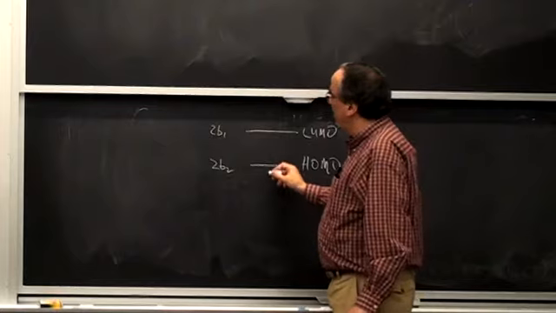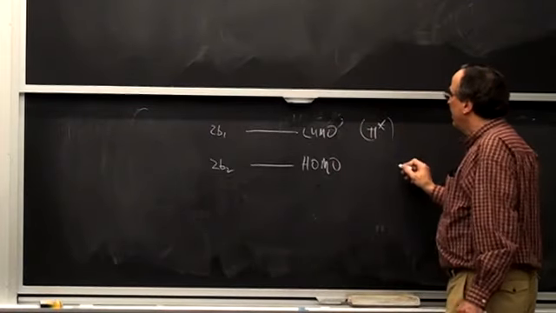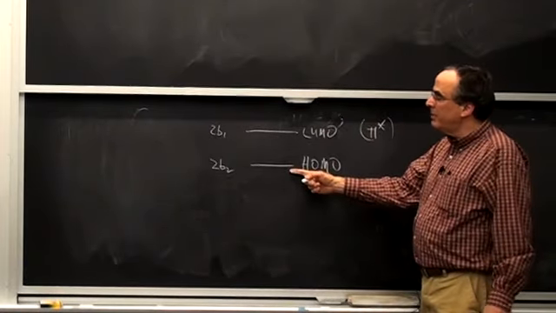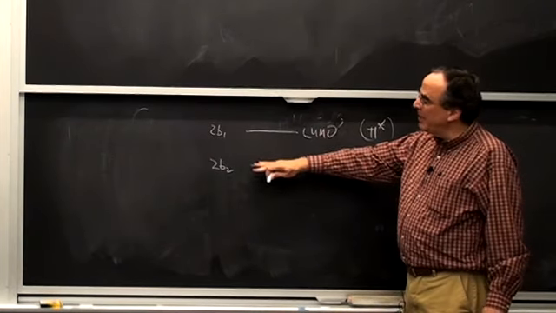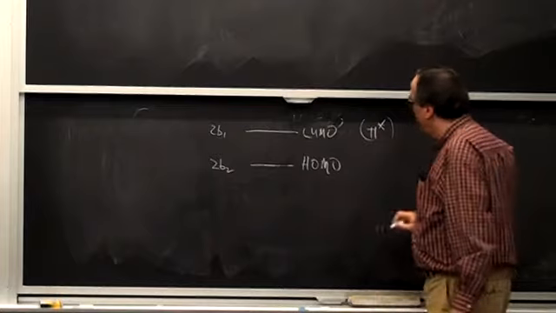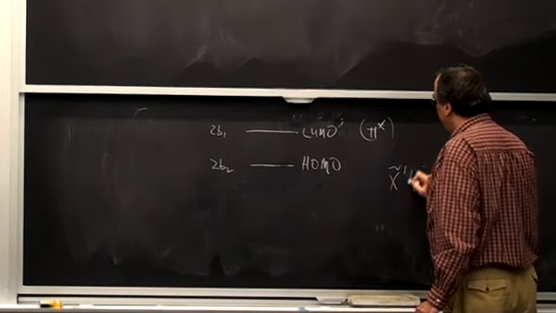And so the HOMO to LUMO transition corresponds to, first of all, the orbitals up to the HOMO are doubly filled, and so the ground state is singlet A1.